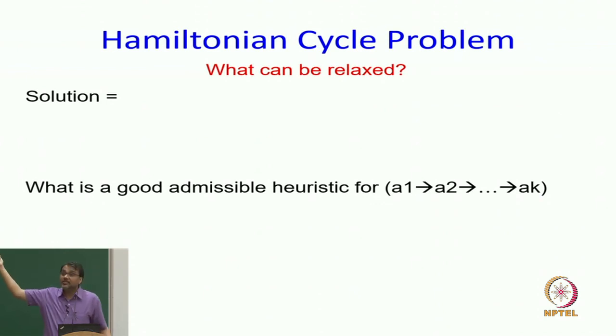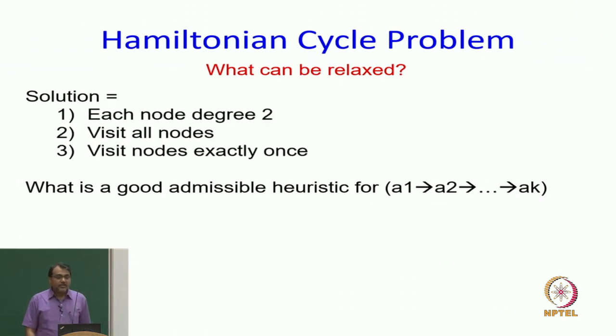Visit all nodes. So, not only visit a node once, but visit all of them. Or you can say that in the final solution, the degree of each node should be 2, because one will be incoming, one will be outgoing for every node. So, this now becomes my constraints on the solution.